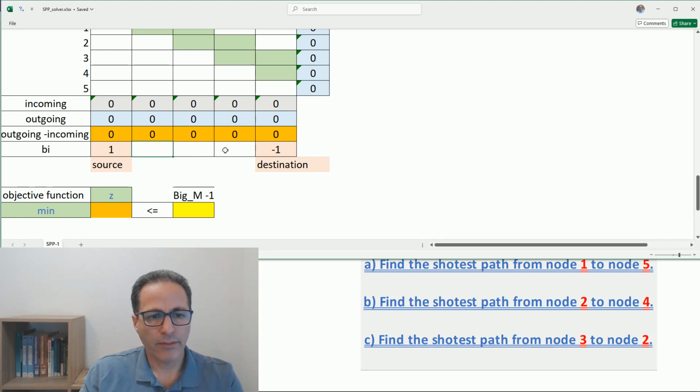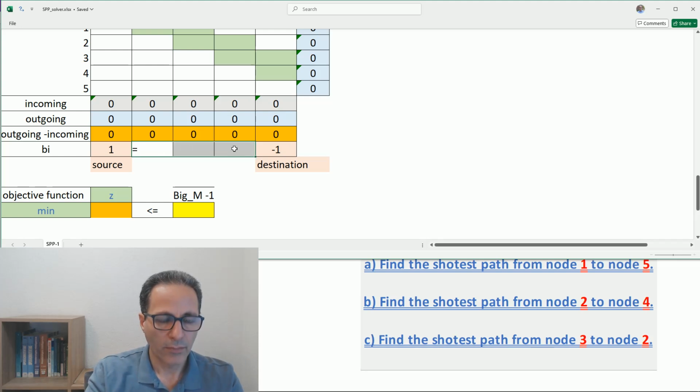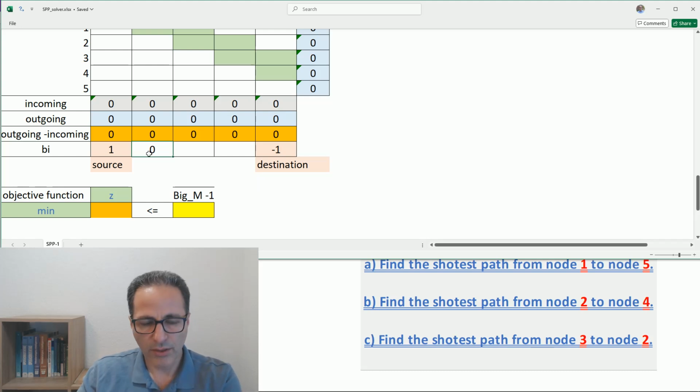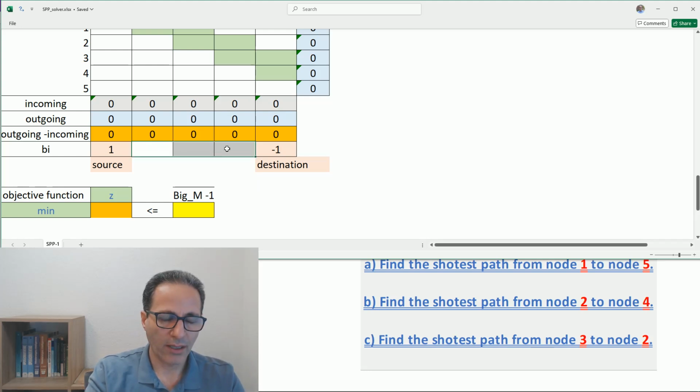If I want to give zeros here, I can select like this and say equal 0. But if you press enter, only the first one becomes 0. If you want all of them to change to 0, or give the same value for all of them, you should use control shift enter to use the array method. Equals 0, but control shift enter, I want to change all of them to 0. Now that's fine.